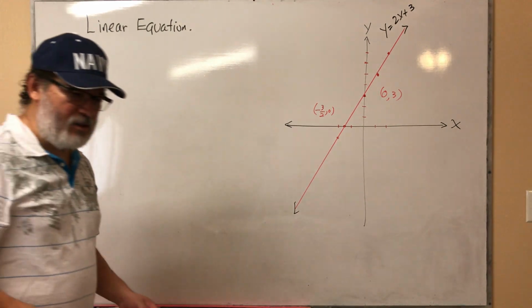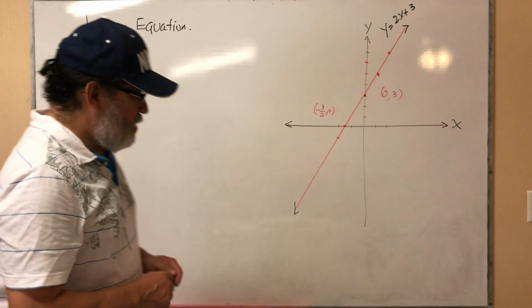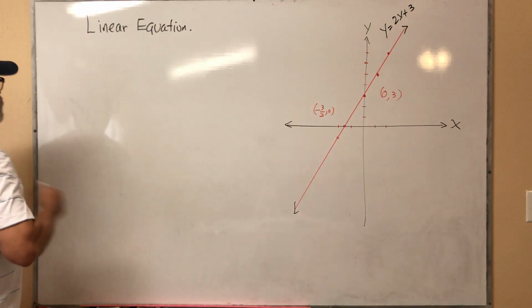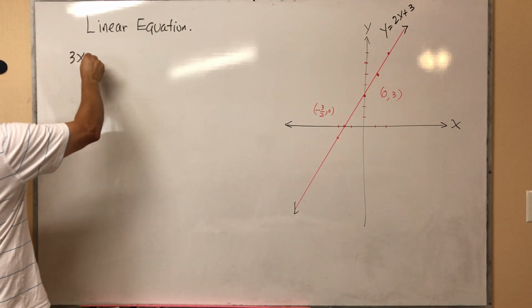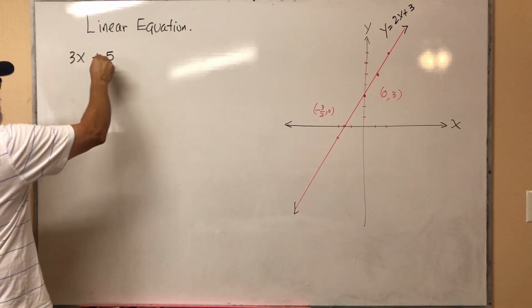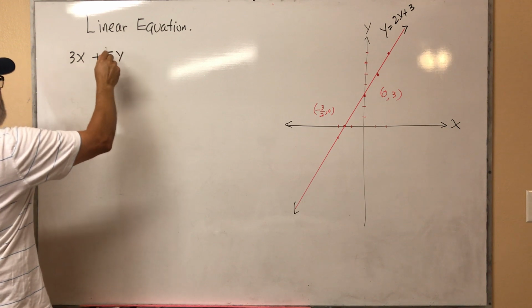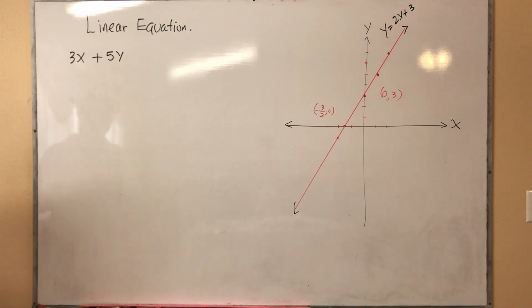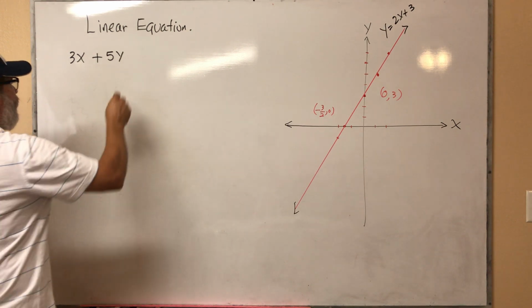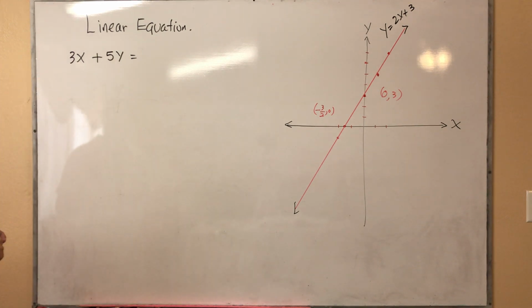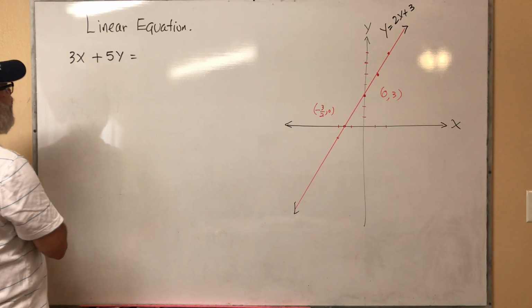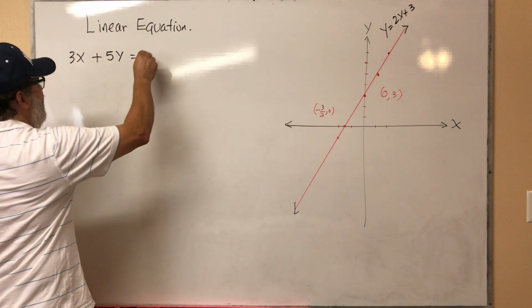Let's do another one. Here's another one. Okay, this one is 3x plus 5y equals, let's say, 10.